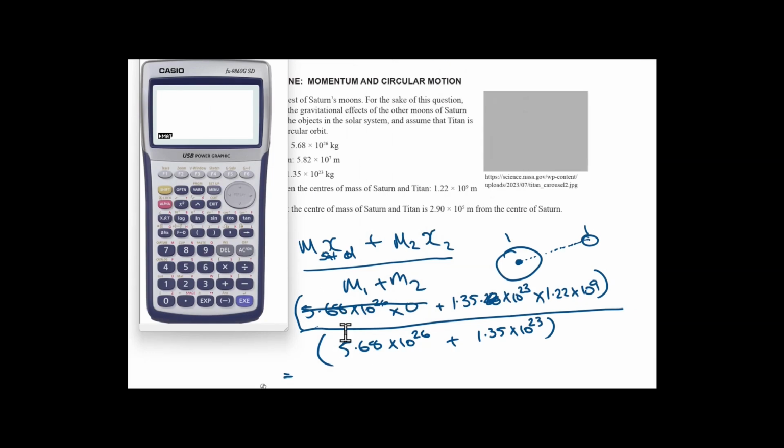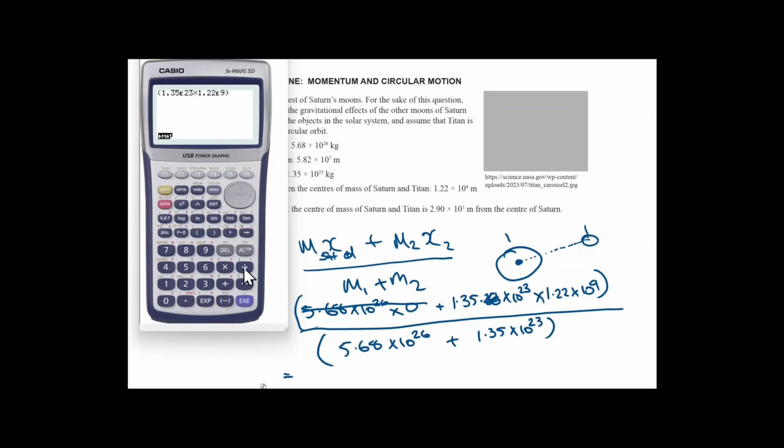After we've ignored all of this bit, we get, in one bracket, 1.35 times 10 to the power of 23 times 1.22 times 10 to the power of 9.